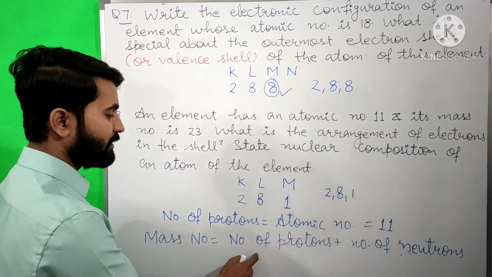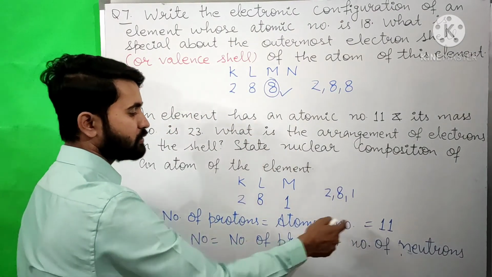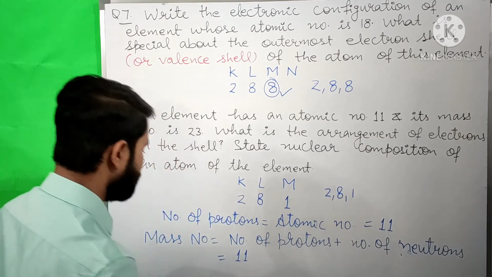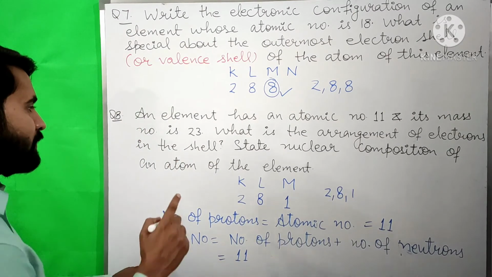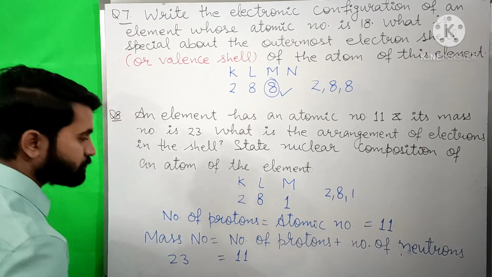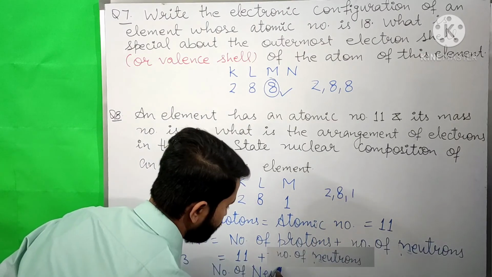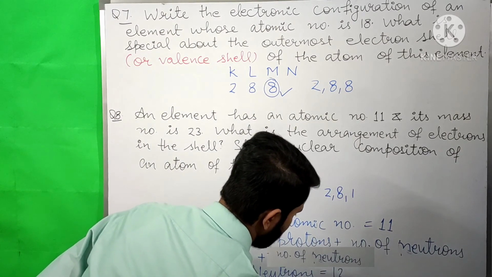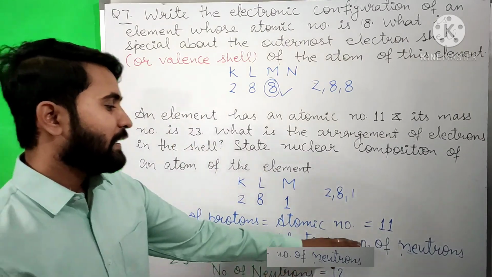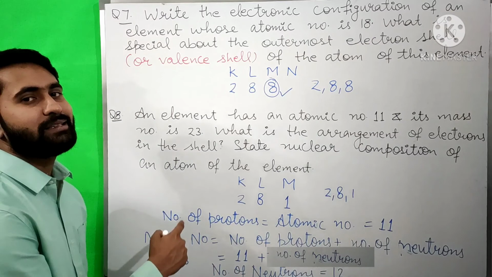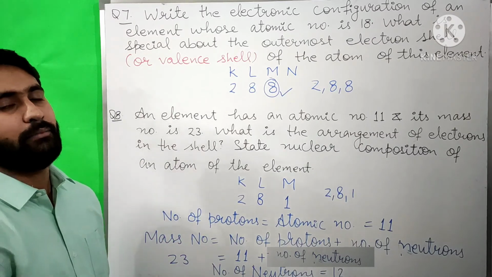So here we will put 11 in place of number of protons. The mass number is given, that is 23, equal to 11 plus number of neutrons, so the number of neutrons is 12. So there are 11 protons and 12 neutrons in one atom of this element.